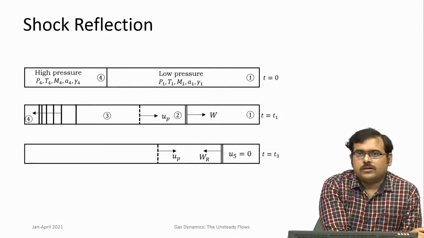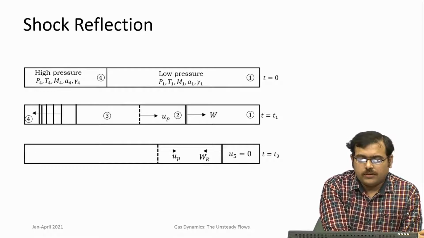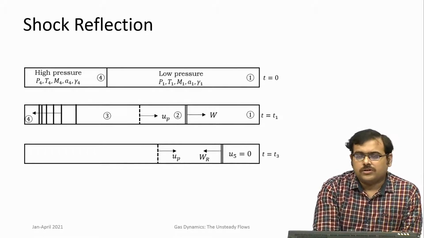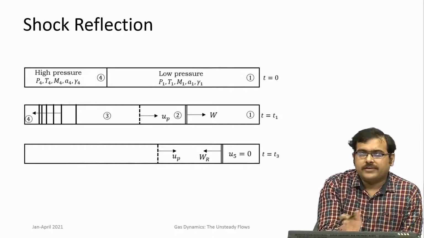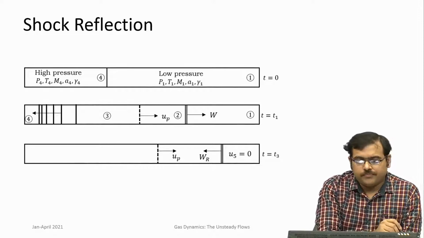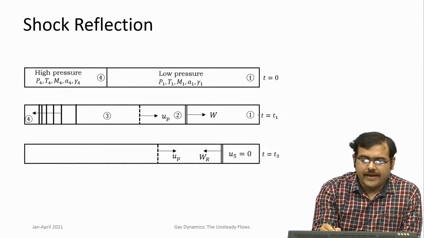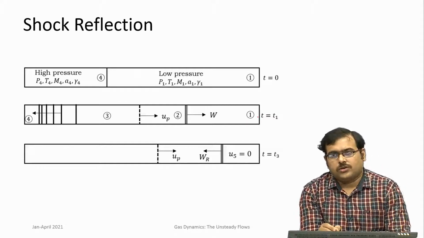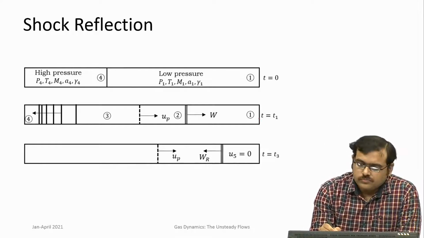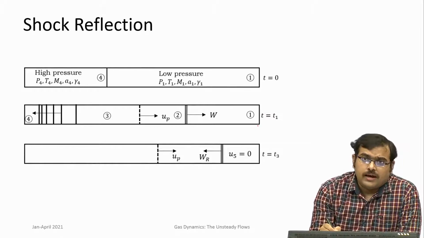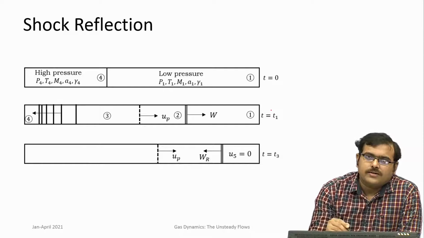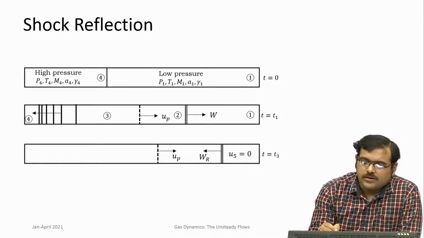Now the shock wave can go all the way. Suppose this shock tube is closed at both the ends, then the shock wave proceeds all the way towards the end of the shock tube. So, at the end there is a solid wall, and the boundary condition there is that the flow cannot penetrate the solid wall.